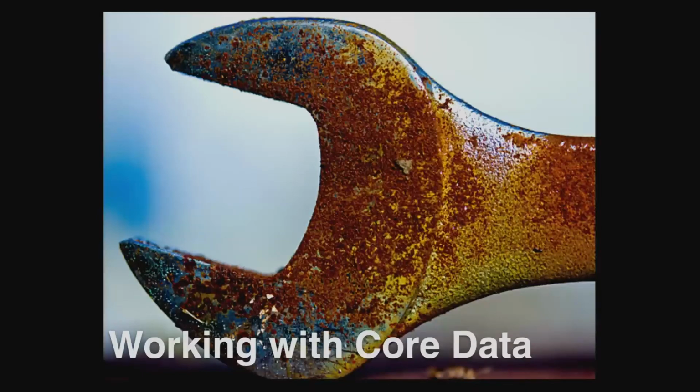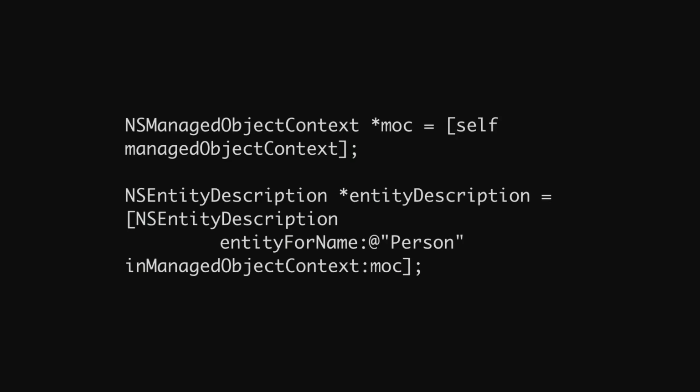So let's think about working with Core Data. Normally when you create data in Core Data, by default, you use this. What are we creating here? What type of object? It's kind of weird.